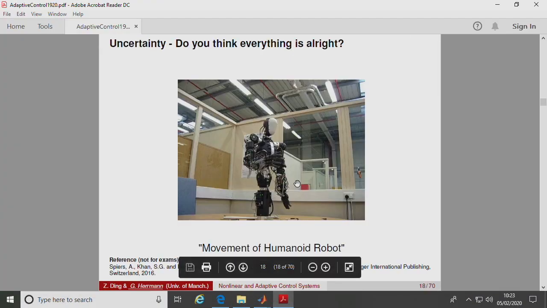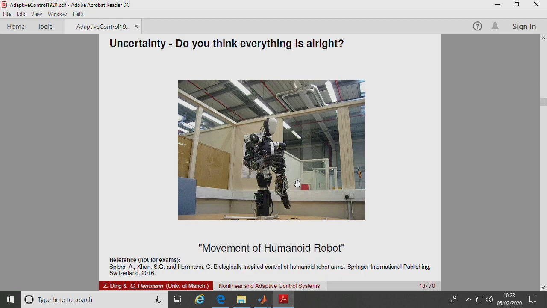But as we see, if we had to identify here all the masses and inertias, we would have a bit of a problem. Yeah? We would have to sit down and identify very well what the parameters of this robot are. And so what we decided then, okay, good, in our research we go adaptive.